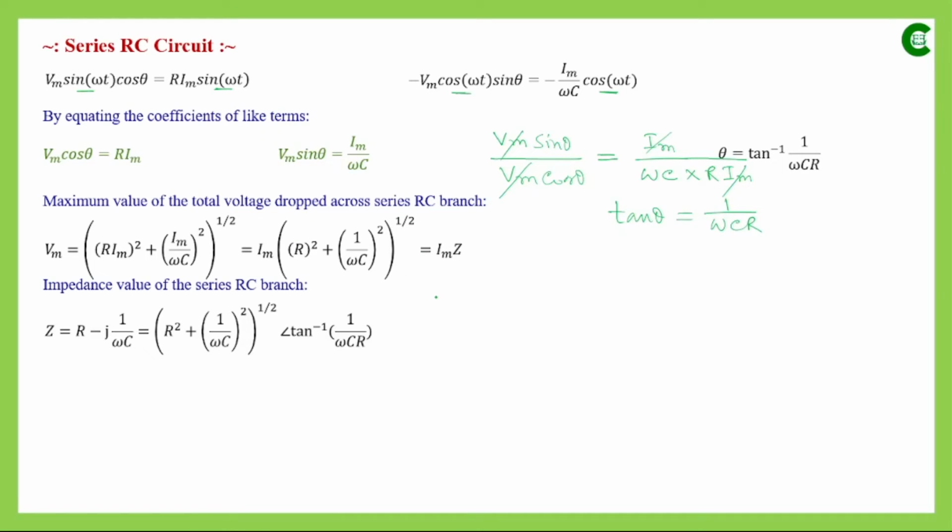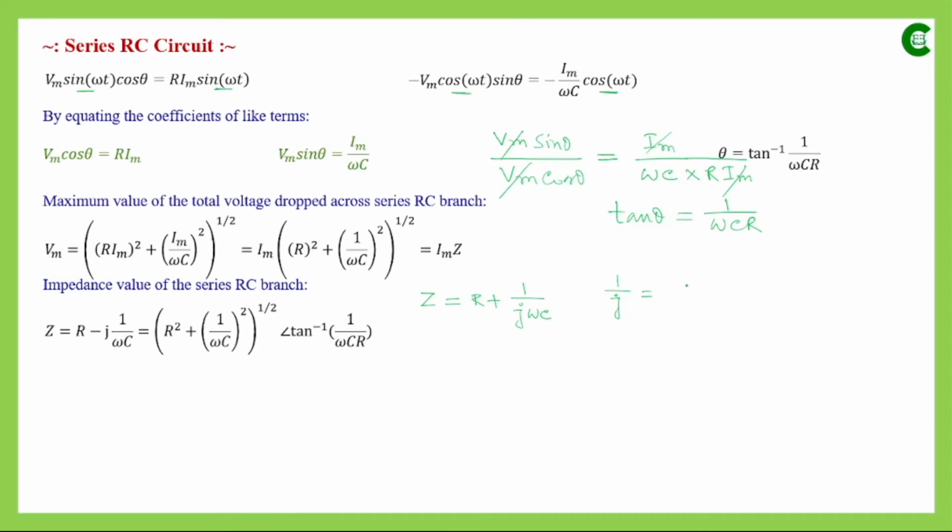So the impedance of that series RC branch can be found this way. We know that the impedance of a series RC circuit is written as R + 1/(jωC).